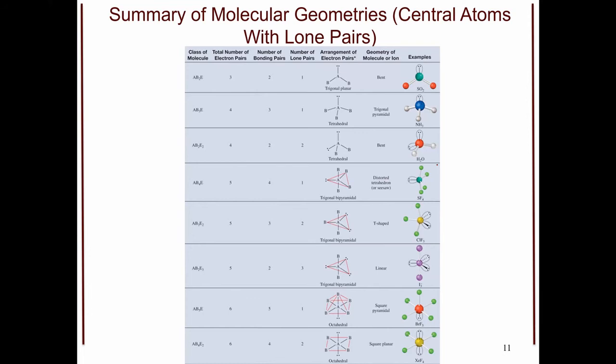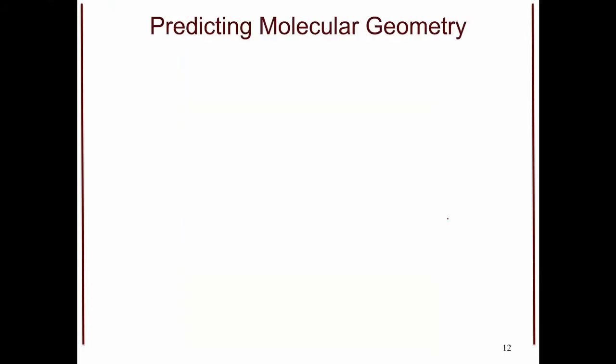The moment you place lone pairs on the central atom, you are now going to get these advanced molecular geometries. You are expected to know how to get all of these molecular geometries. So how do we predict this? Well, the first thing that we want to do is always draw the Lewis structure for our molecule.